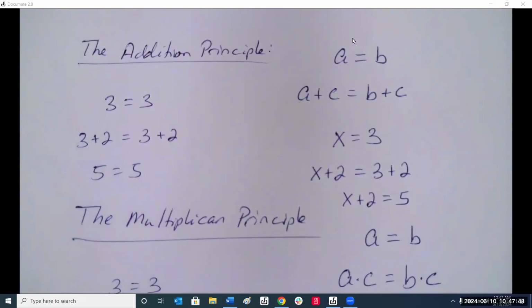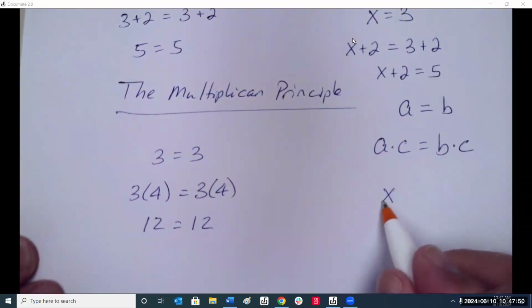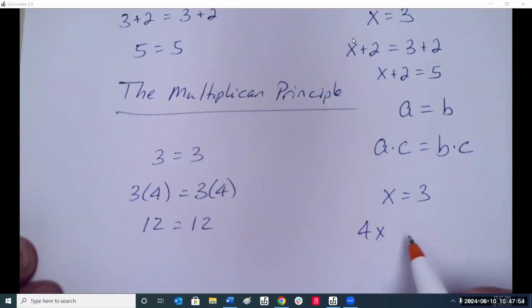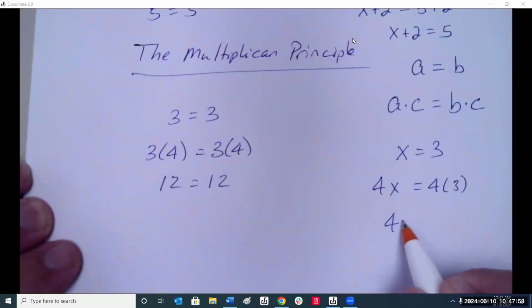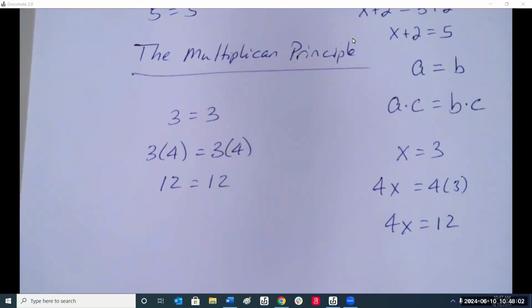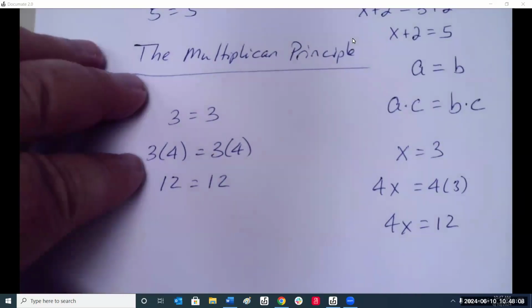Means the same thing. If x equals 3, and I multiply 4 to x, then I have to multiply 4 to 3. So 4x is equal to 12. That's what it tells us. Whatever I do to one side, I got to do to the other side. The golden rule type stuff.